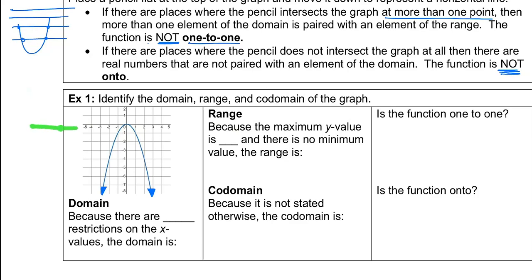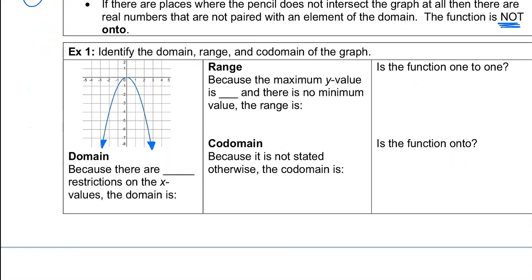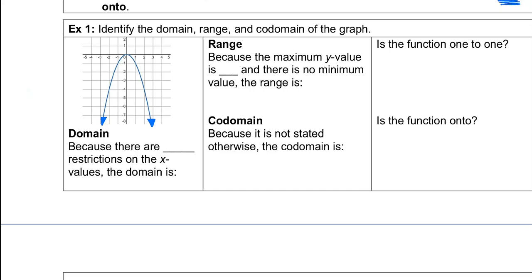And the same thing, if we come back here, notice that on the right, I could keep going down and I find more points. And as I go further and further away, I just go further and further down. So the domain for this, isn't it? There are no restrictions. Let's just say that first. There are no restrictions.